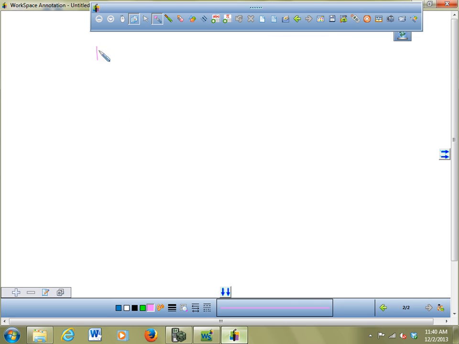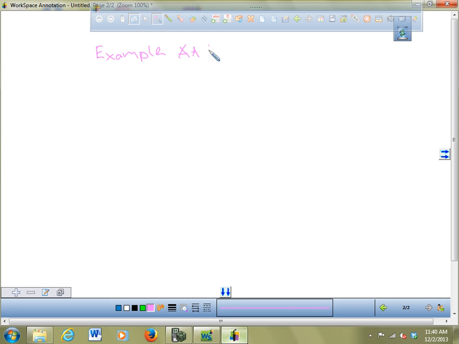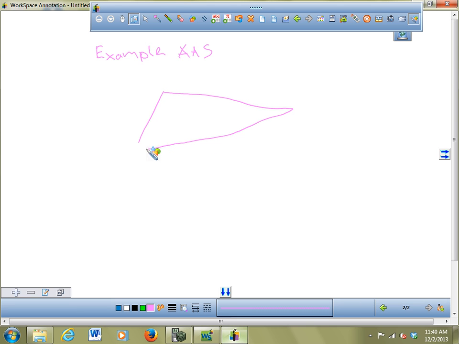So here's an example of an angle, angle, side. Say you have a triangle that looks kind of like this. Here's a triangle.